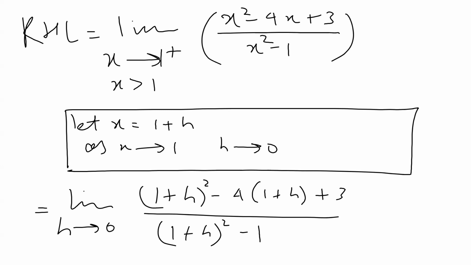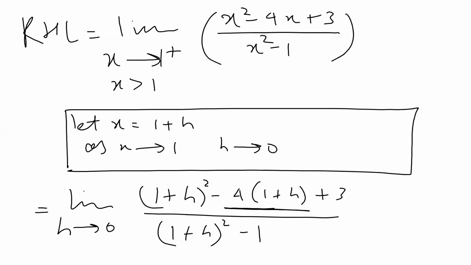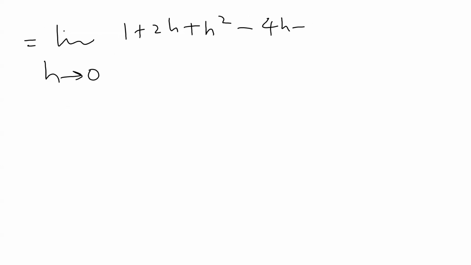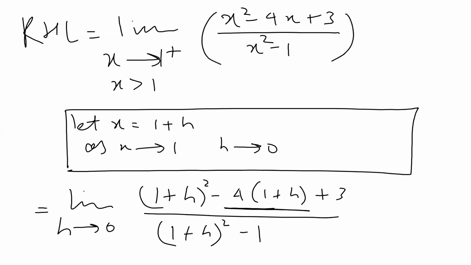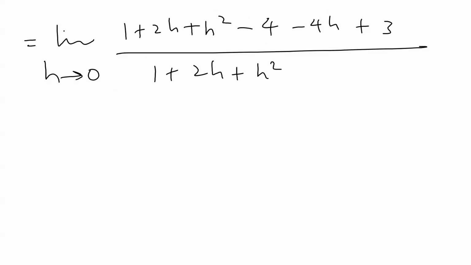Again we are going to simplify this. 1 plus 2h plus h square minus 4 minus 4h plus 3, and down also 1 plus 2h plus h square, the expansion of this, minus 1. So here 4 and 4 is gone, and down also 1 and 1 is gone.